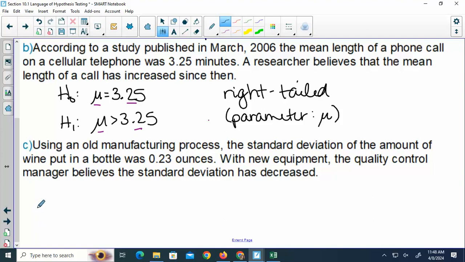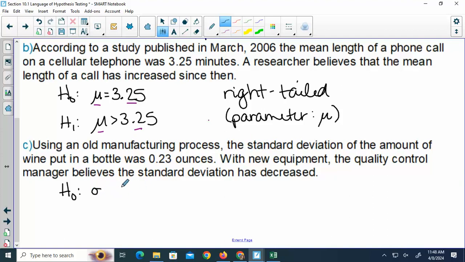Using an old manufacturing process, the standard deviation of the amount of wine put in a bottle was 0.23 ounces. With new equipment, the quality control manager believes the standard deviation has decreased. So what is the null? Standard deviation, what variable is that? Sigma.